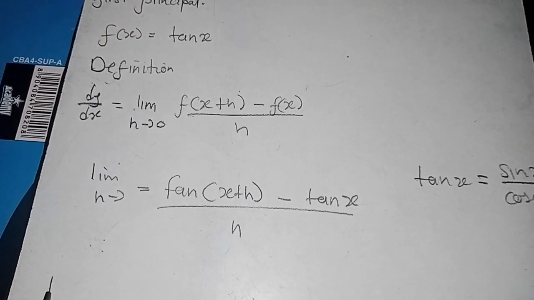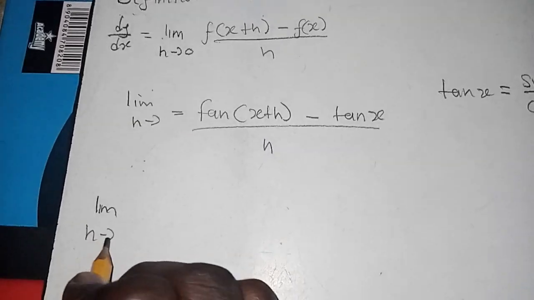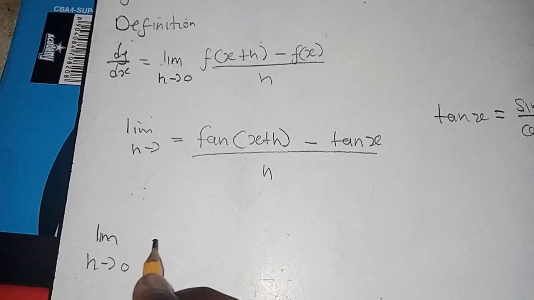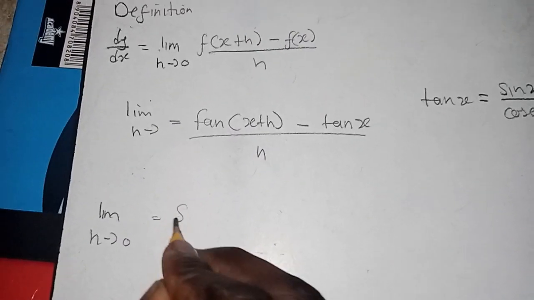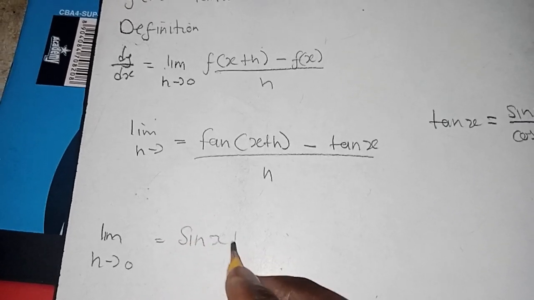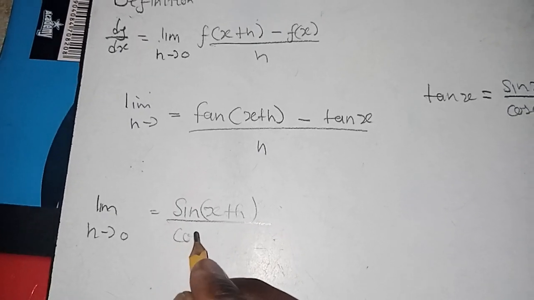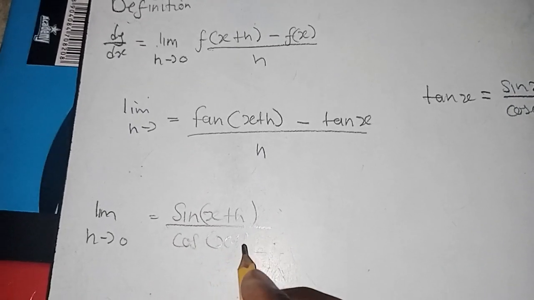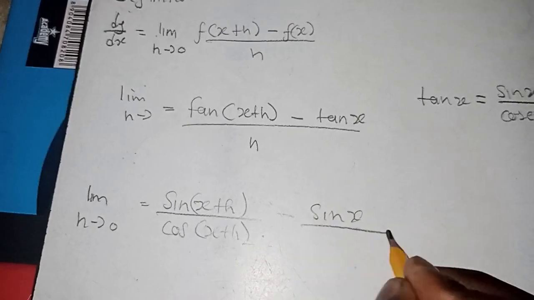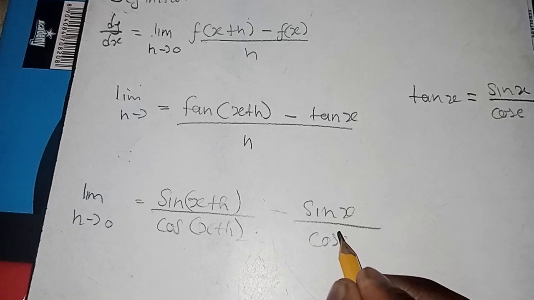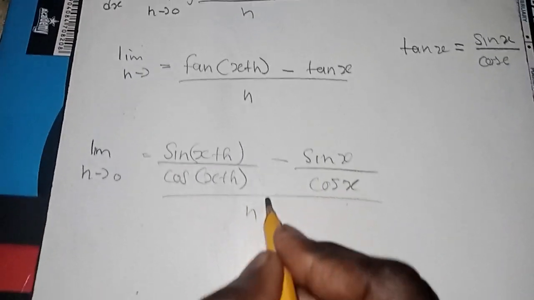We're going to say the limit as h approaches 0 is equal to sine(x plus h) over cos(x plus h) minus sine x over cos x. This is all divided by h.